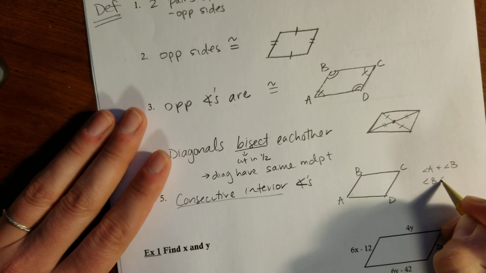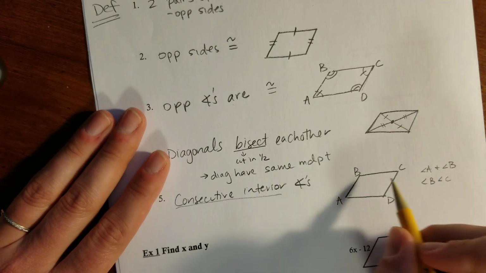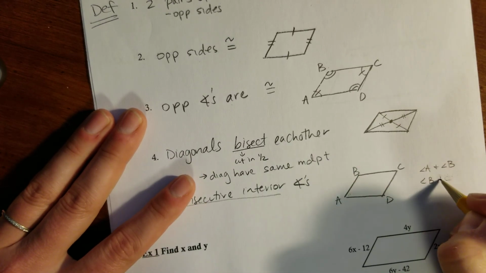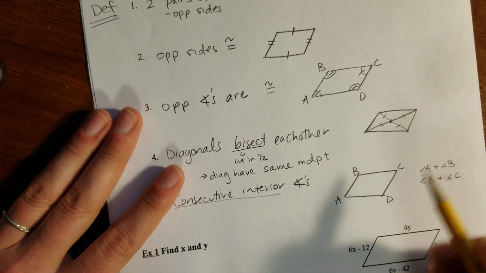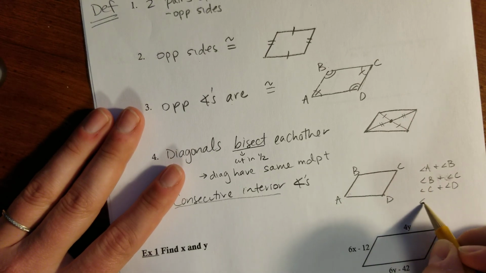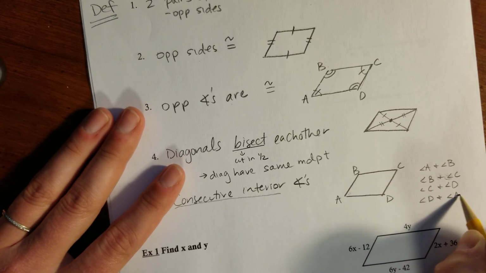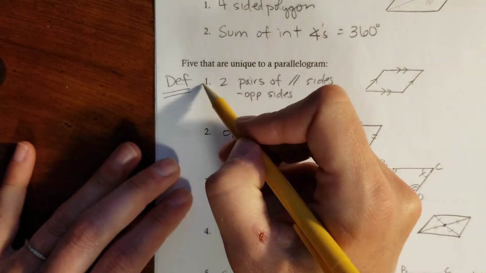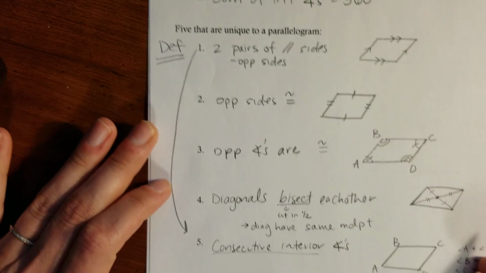Angle B and angle C are consecutive because they're just next to each other there. Angle C and angle D are consecutive. They're next to each other. Angle D and angle A are consecutive. They're next to each other. Now, this property actually comes from the definition.